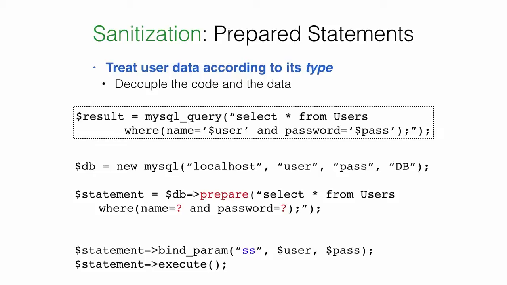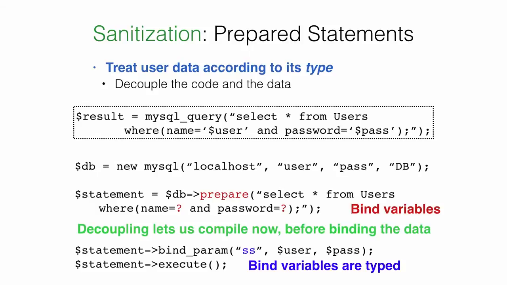So when user and pass are substituted into the statement created by the prepared statement, it will treat those data as strings and not misinterpret them as code. And then the query can be sent to the database. So we bind the variables, we type them, and as such we have decoupled compilation, specifying the template, from the binding process of the data.